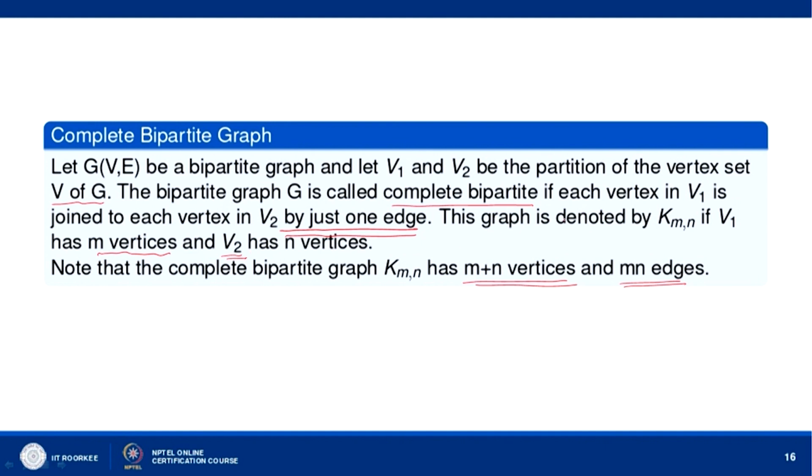If you take any vertex here, it will be joined to n vertices there, and there are m vertices which are to be joined to n vertices. Each vertex is joined to every vertex of the other set. So, the total number of edges will be mn and the total number of vertices will be m plus n.